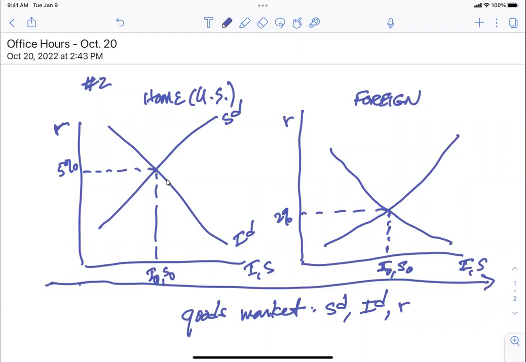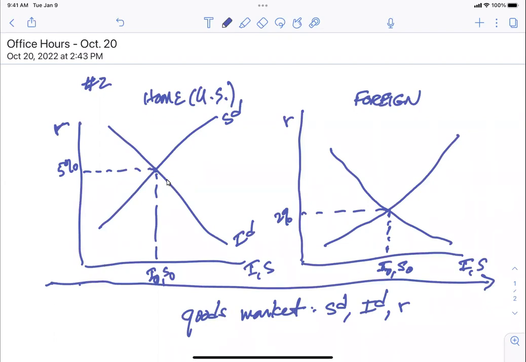We could look at each one of these individually, and that was chapter 4 in our text, the goods market. We just had the US, but if we were taking this class in Japan, we could have used the goods market in Japan, foreign.